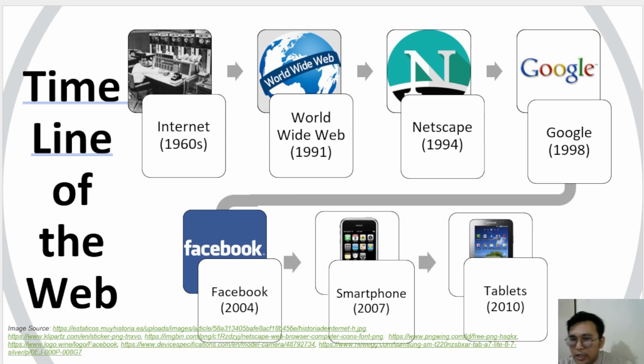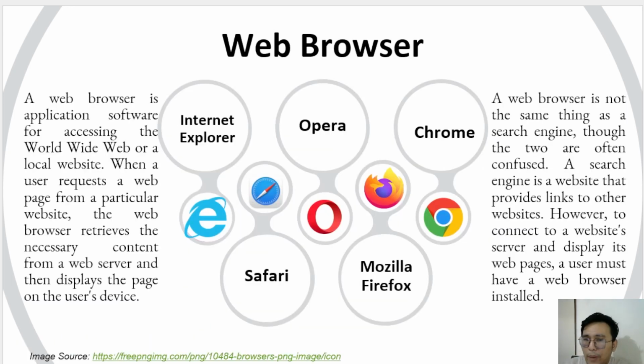Now let's take a look at the devices that run this kind of web programming and web technology, which is what we know as the browser. A web browser, in its definition, is an application software for accessing the World Wide Web or a local website.